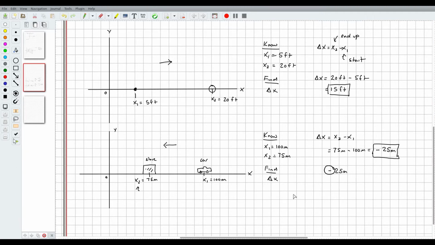So as we can see, displacements have magnitudes. That is how far you walked, and also directions. And in one dimension, the direction is denoted by being positive or negative, being in the positive direction or in the negative direction of the numbers.